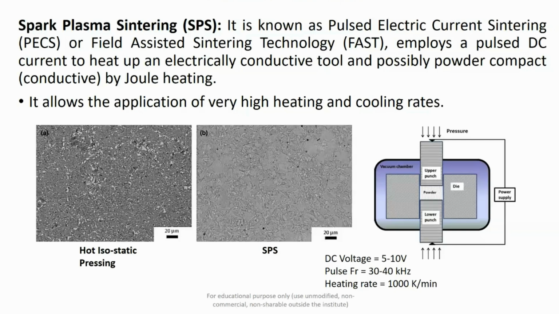So this is basically the spark plasma sintering process, and it gives you shorter production time, and the sintering time is not more than 10 minutes. In most parts, 10 to 15 minutes is the maximum time period, while in the conventional sintering process we have seen that the time goes up to 1 hour or 2 hours depending upon the part size.